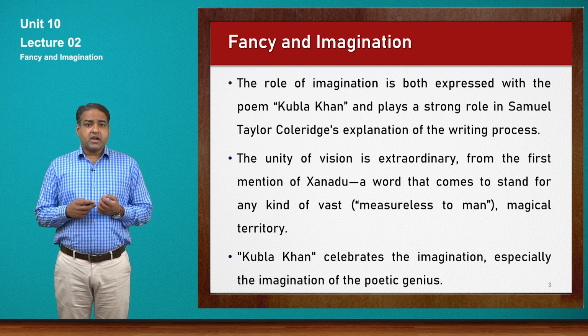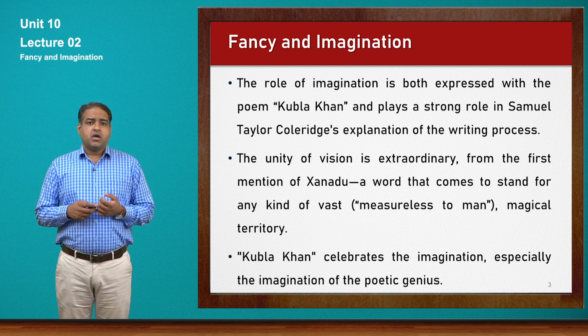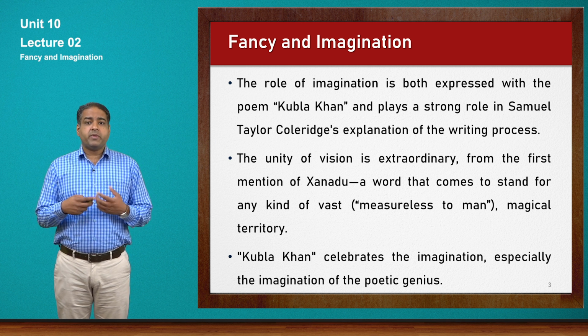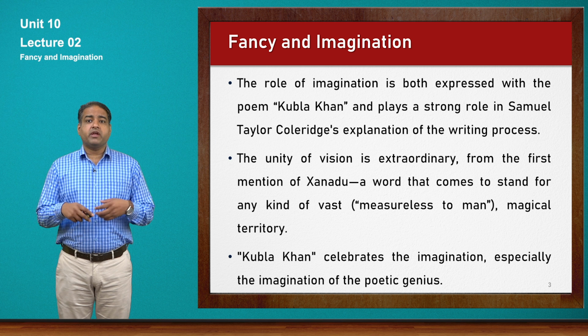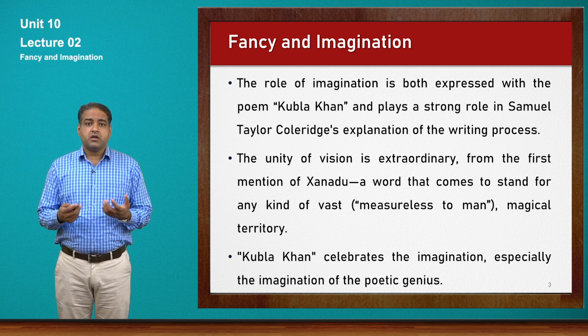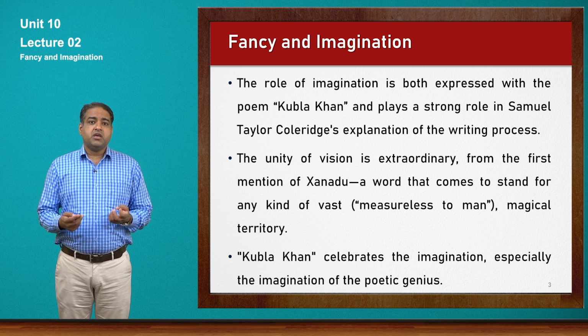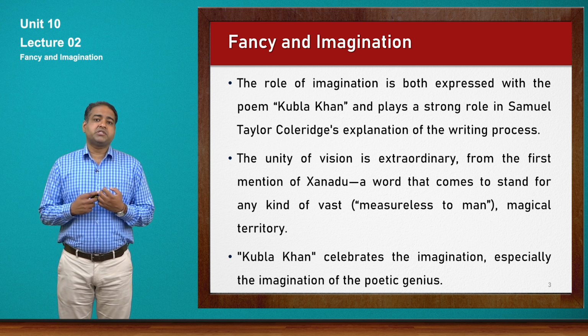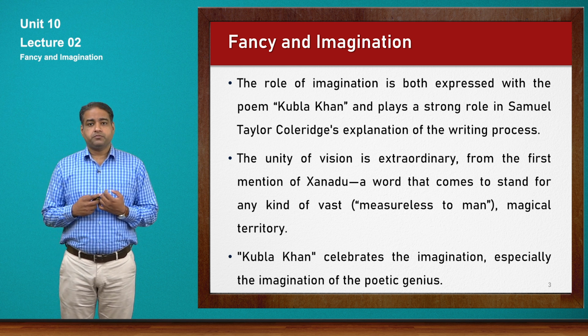So, Xanadu is something for us that is a very huge kind of palace, something which we cannot imagine, something very grand, measureless to man. This place is measureless, we cannot even measure the ecstasy, the exoticism and the magic which exists in this territory.